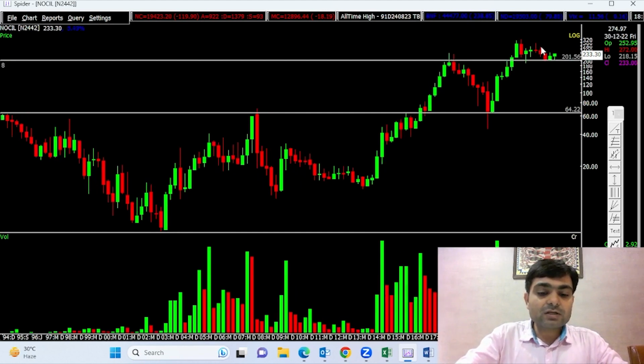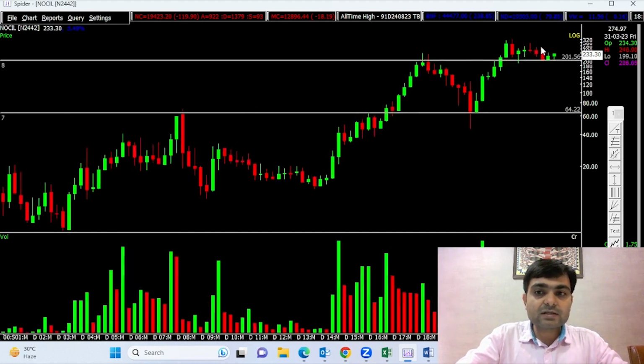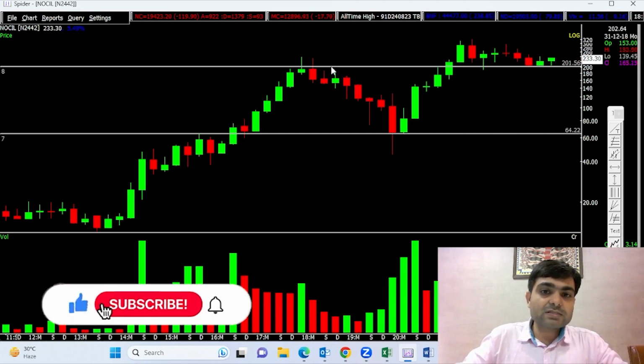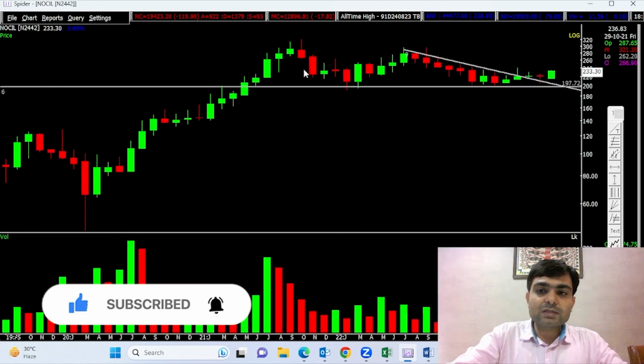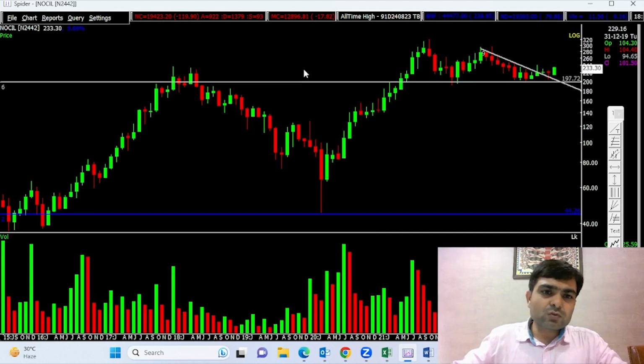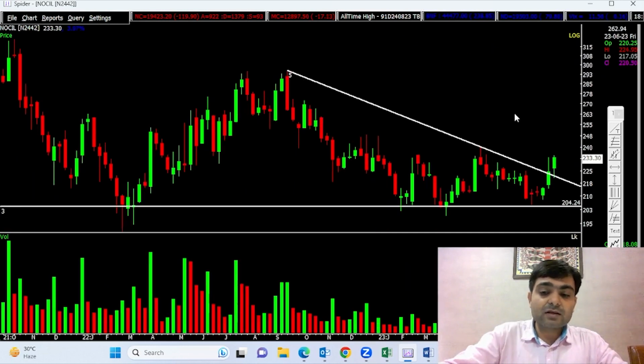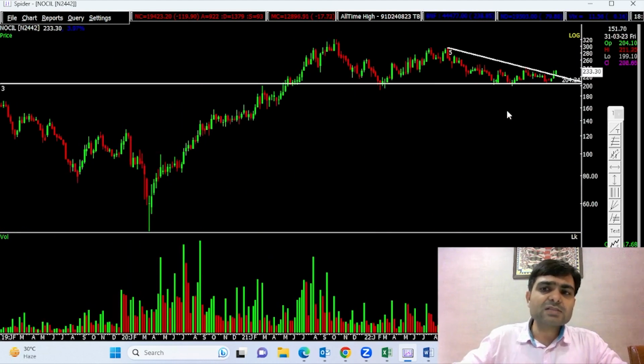If I come to the quarterly or monthly chart, I can see that whatever the recent upside momentum, prices are forming a base, and this base, which is a support level, was an earlier resistance point as well. On the weekly or monthly chart, prices have taken support around this level two times. When the chemical sector was falling, it was also falling, but in the latter part it started to form a base.